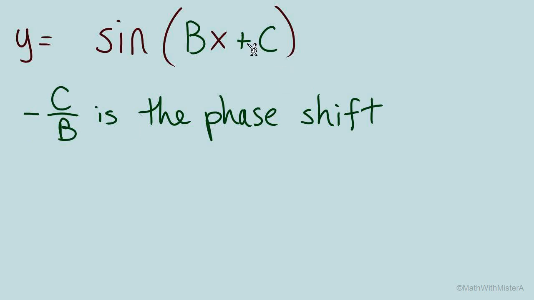So if I see a plus, which I know is a shift to the left, this expression will give me a negative result. And when it comes to phase shift, negative means shifting to the left. If this was minus c, then this expression, opposite of negative c over b, would become positive. And minus c we know is shifting to the right, so this expression will give us a positive number for phase shift. So when we see a positive phase shift, that's a shift to the right.